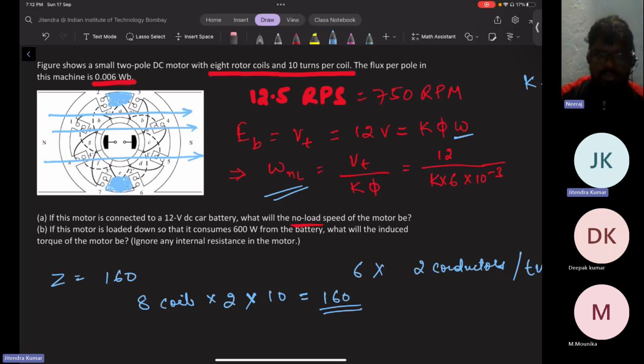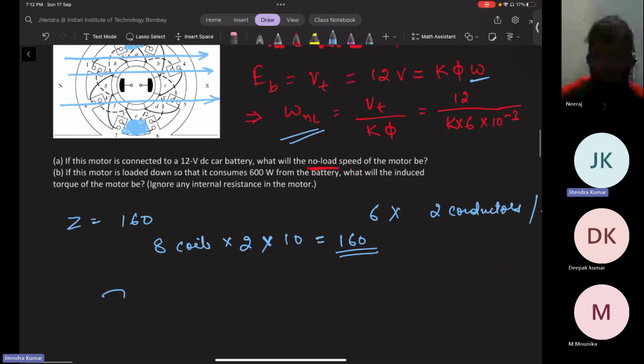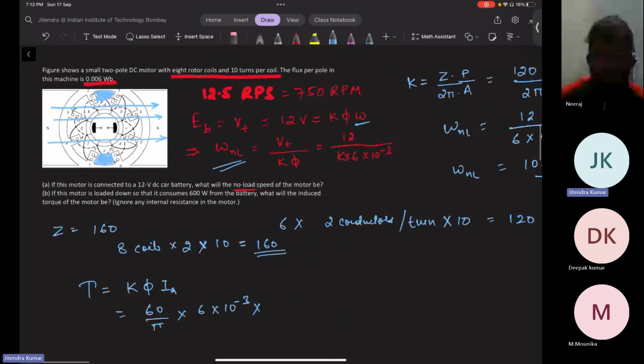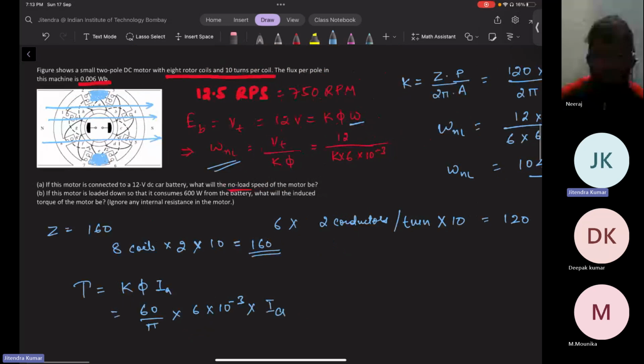Torque is equal to K phi I. Yes, perfect. So torque will be equal to K phi IA. Now K we know, 60 by pi. Phi we know, 6 milliweber. IA, do we know IA? No, IA we don't know. But from the data given in the problem, can we calculate IA?